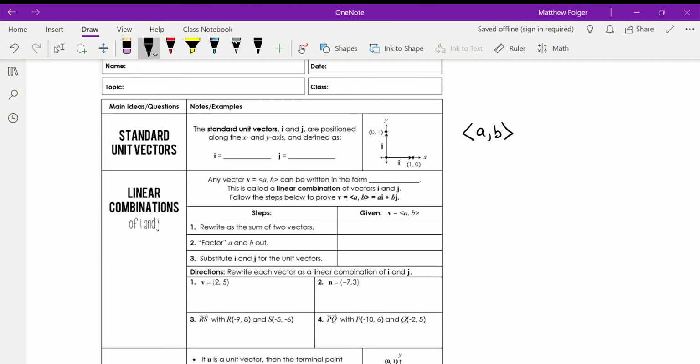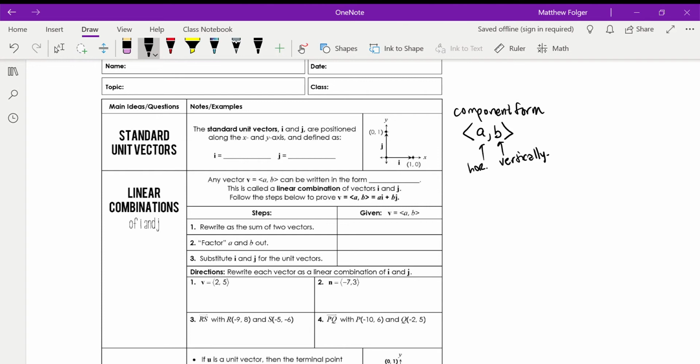Basically, the component form of a vector represents how the vector moves both horizontally and how it moves vertically. So the component form doesn't tell you what the two endpoints of the vector are, but it does tell you basically how far it moves and in what direction. So that's all you really need to know about vectors.